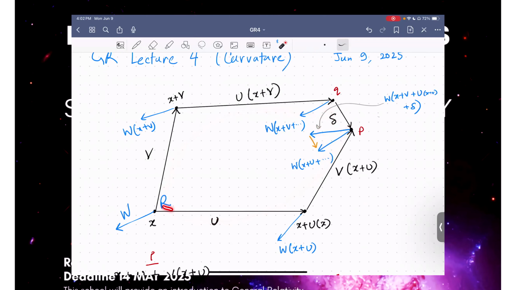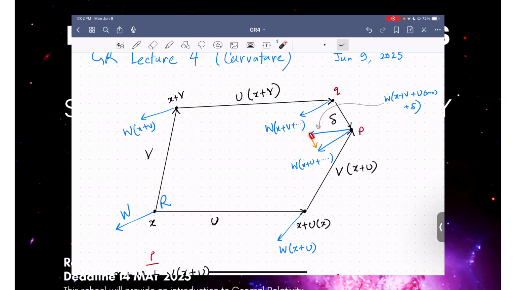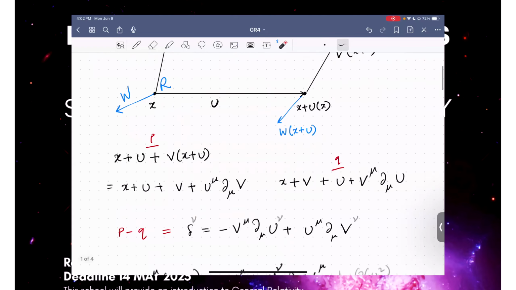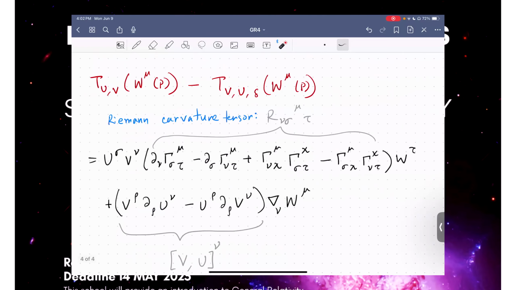Basically, if you take this and subtract this, it's the same as saying that you do this and then add the opposite path, right? So the vector that we computed is really what you get by parallelly transporting this vector along this closed path and coming back. And then you see that it doesn't quite come back to itself, but it differs by a vector. That's what we really computed. This difference is governed by two quantities.